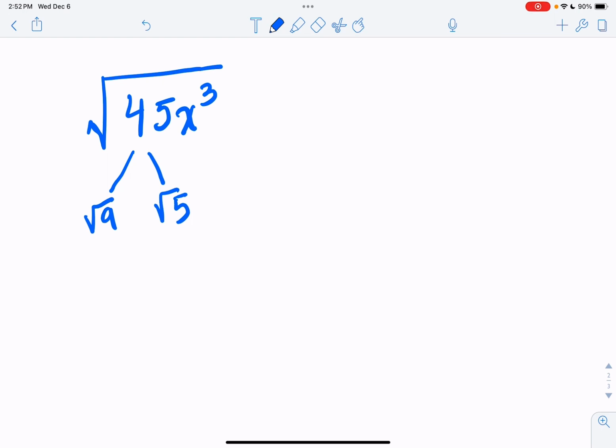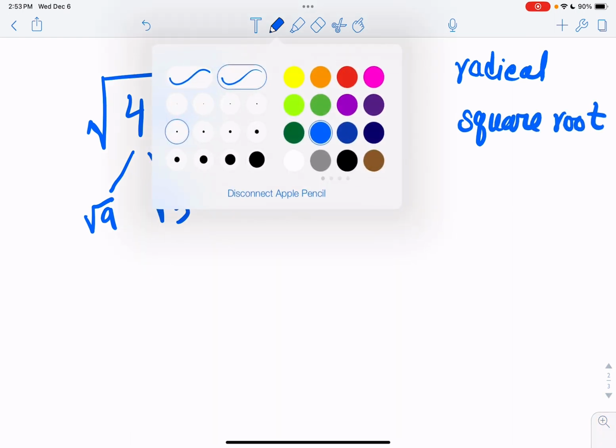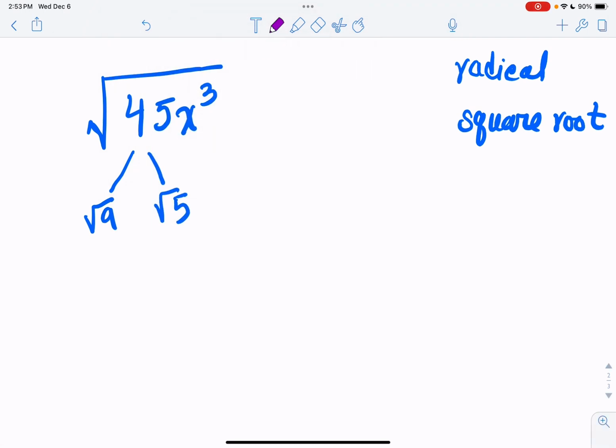There's also another name for the radical we are used to hearing, which is square root. The reason we call it a square root is that this number, it's invisible, we don't really write it. This index is a 2. And this number, we call it a power.